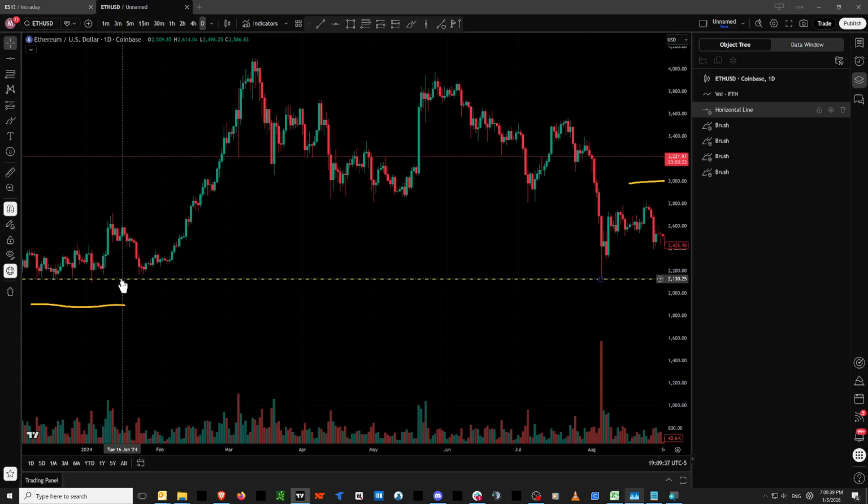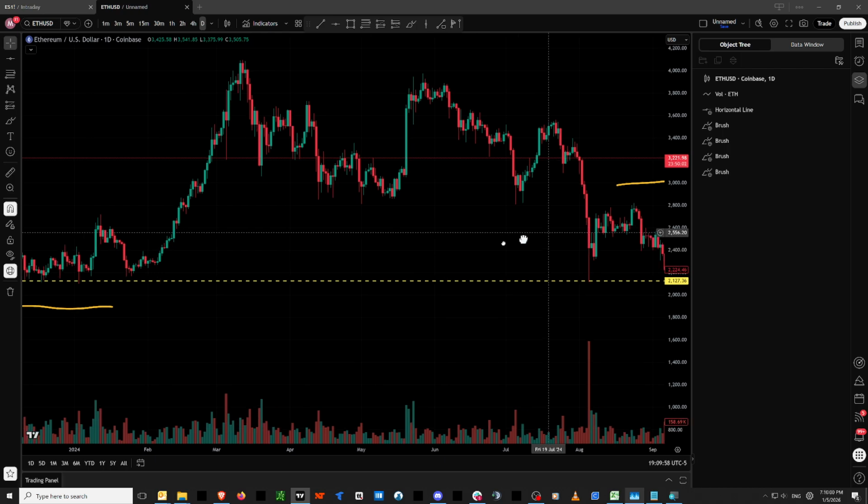But we can also see this exact same concept on the hourly, the 30-minute, the 15-minute, the 5-minute, the 1-minute. The same concepts apply to all time zones, and we call that fractal. All right? Okay.